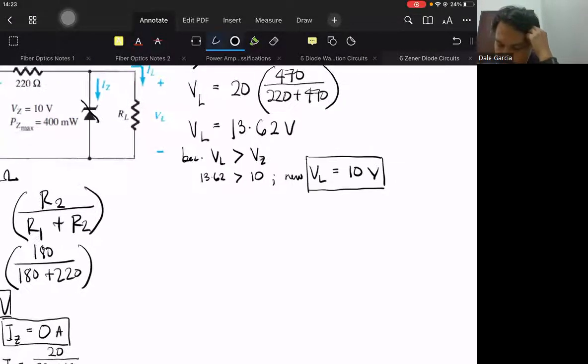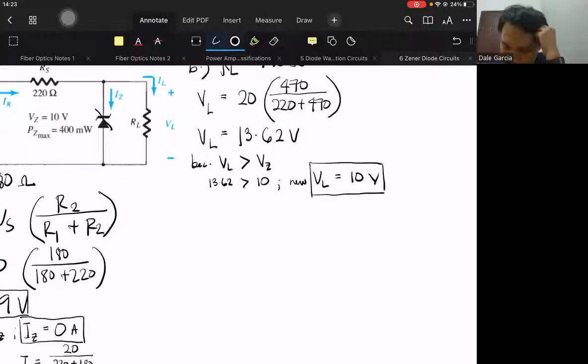So if it's 10 volts here, how much will be the load current? Load current would be solved the same way.